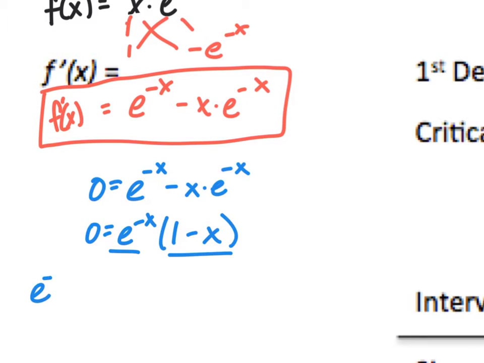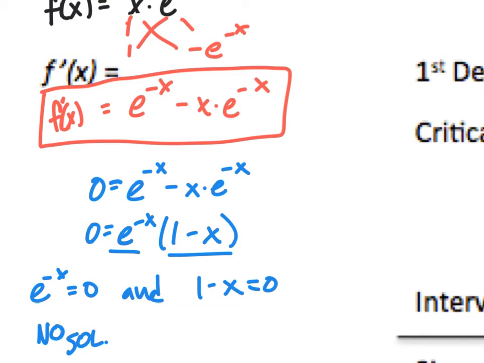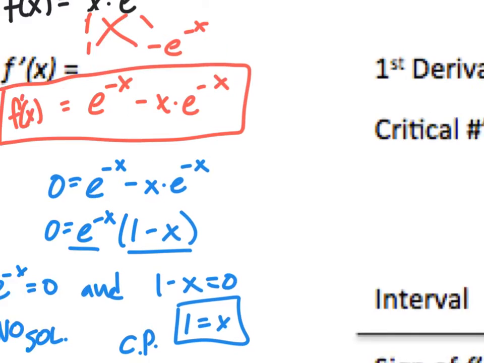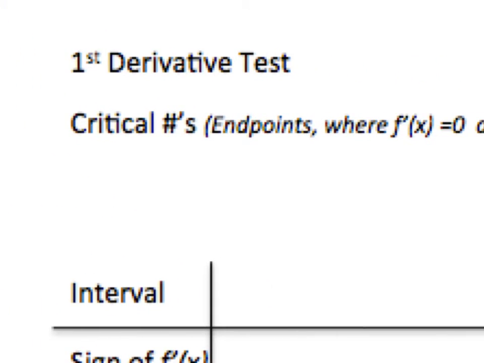I set e to the negative x equals 0, and I'm going to set 1 minus x equal to 0. Here I get no solution. This will never cross the x-axis. But here, I'm going to add an x, so I get 1 is equal to x. And that is my critical point for my derivative. I'm going to write that over here. Critical numbers: my critical point is at x is equal to 1.